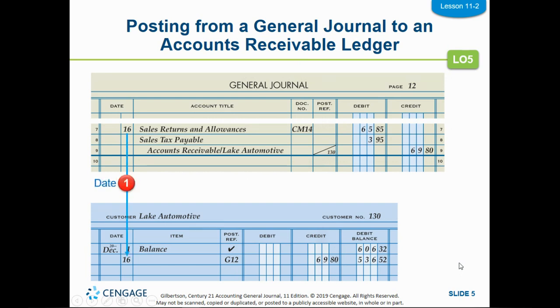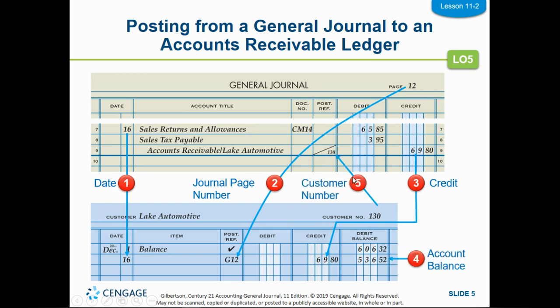Now, when you post this to the accounts receivable ledger, you're going to do your date, your G12, then you take your credit amount and post it here. Accounts receivable is an asset and has a normal debit balance. So we have a debit balance here, but we're showing that they owe us a little bit less than they did. So that credit, you subtract and it gives us our new balance.